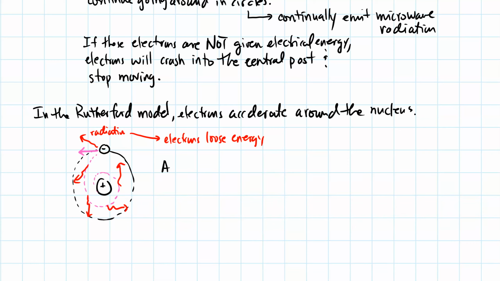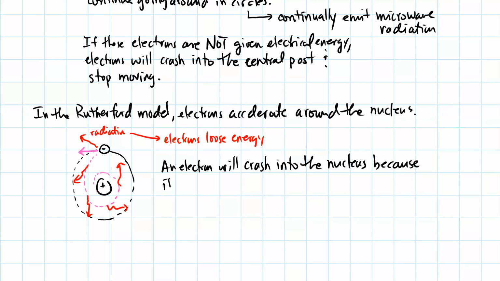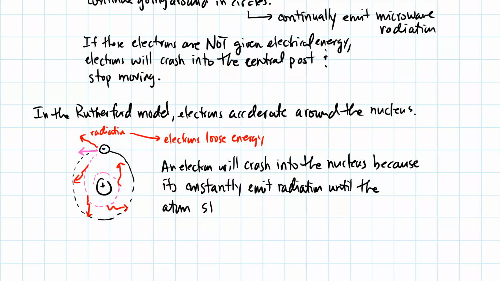So an electron will crash into the nucleus because it's constantly emitting radiation until the atom stops existing.